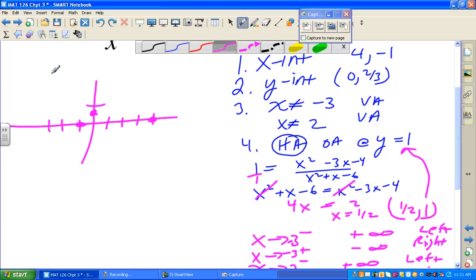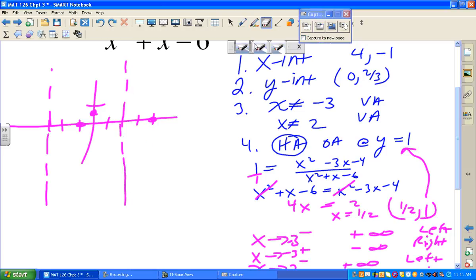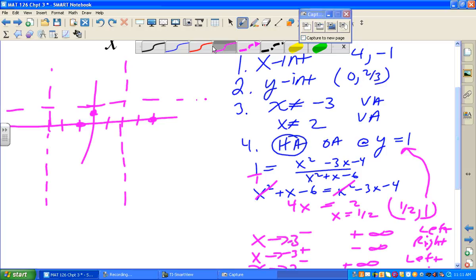Vertical asymptotes at x equals -3 and at x equals 2. And horizontal asymptote at y equals 1. And there is a crossing point at x equals 1/2.